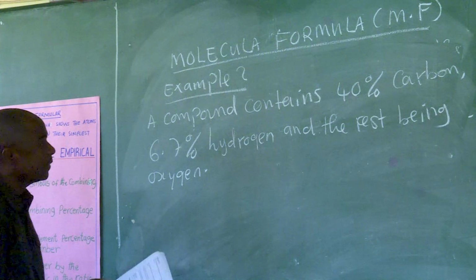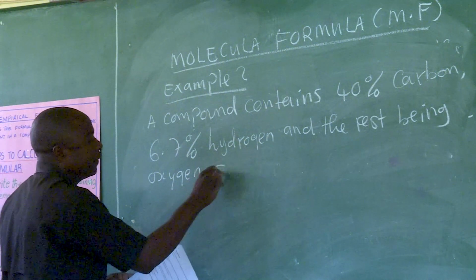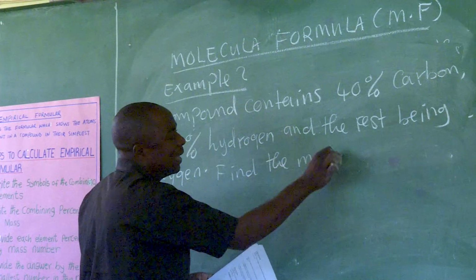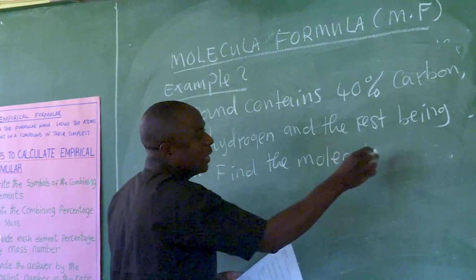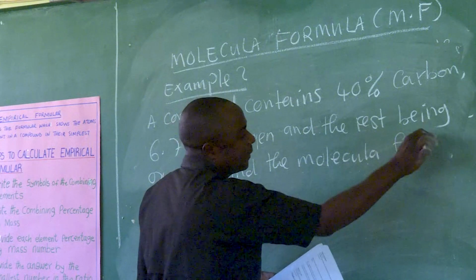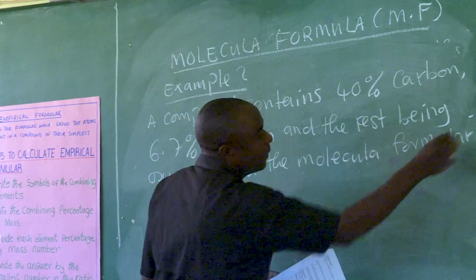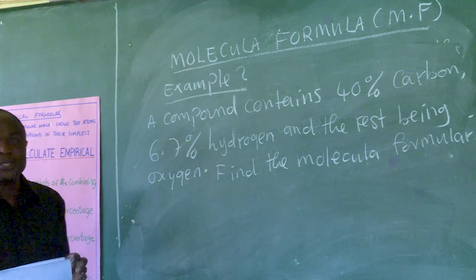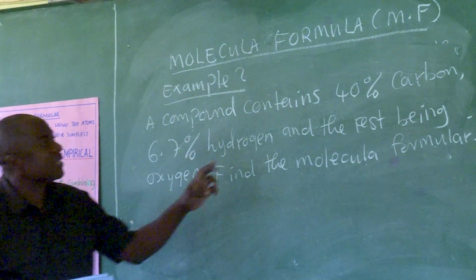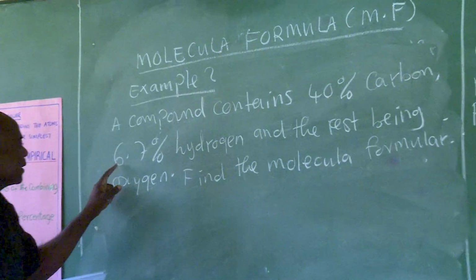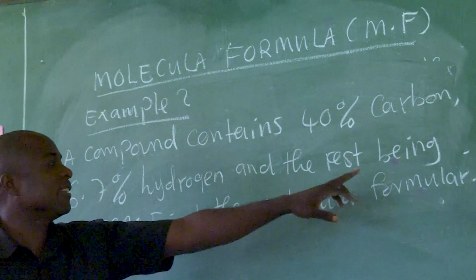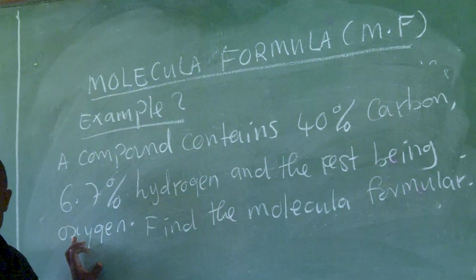The question is: find the molecular formula. A compound contains 40% carbon, 6.7% hydrogen, and the rest being oxygen.